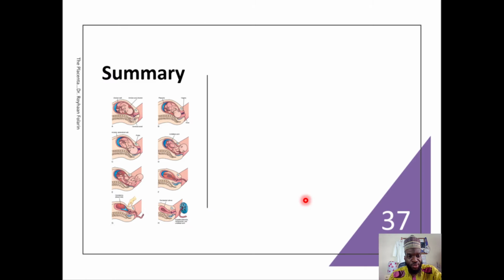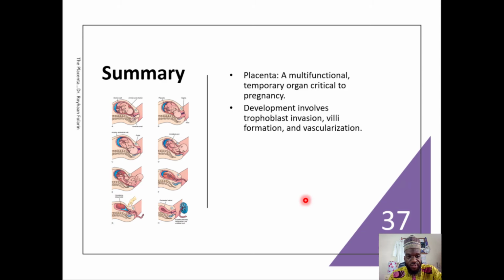So it's my pleasure to bring us to the summary of this entire talk, where we've learned that the placenta is a multifunctional temporary organ that is critical to pregnancy. Its development involves trophoblast invasion, villi formation, and vascularization.